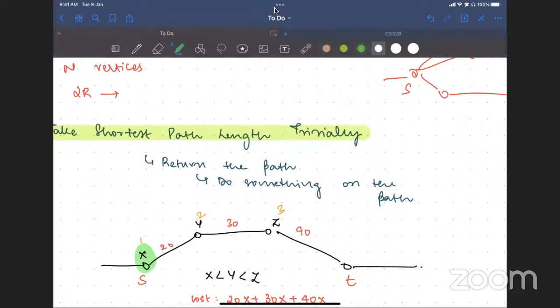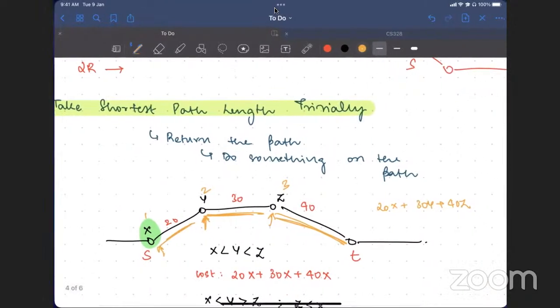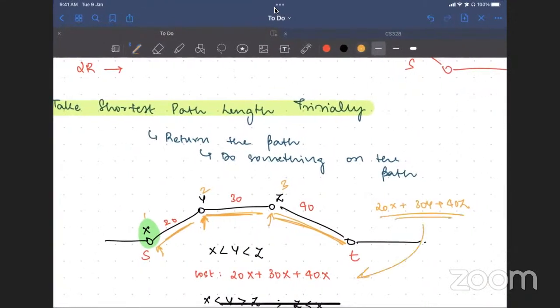If I refuel 20x plus 30y plus 40z, that is, refueling at this stop for this interval, at this stop for this interval, and at this stop for this interval, then this is larger than this cost. So my optimal answer would be to stop at X, refuel for the whole journey, and then drive all the way to T along my shortest path.